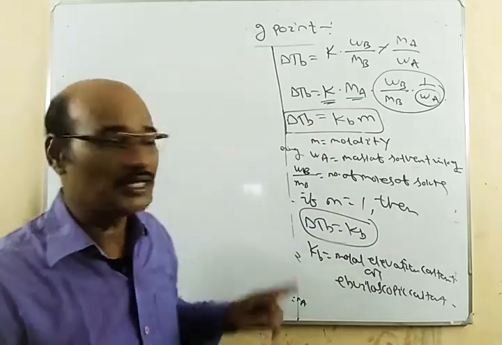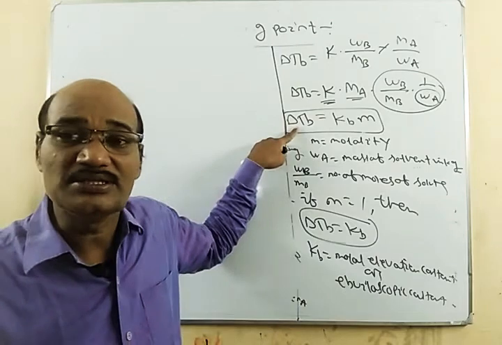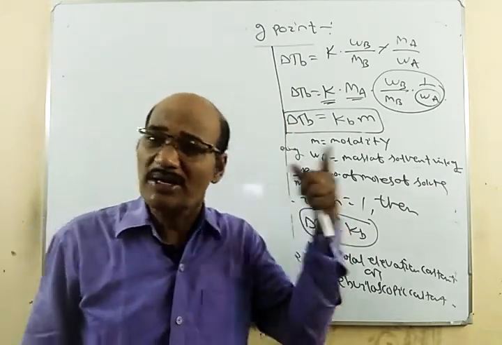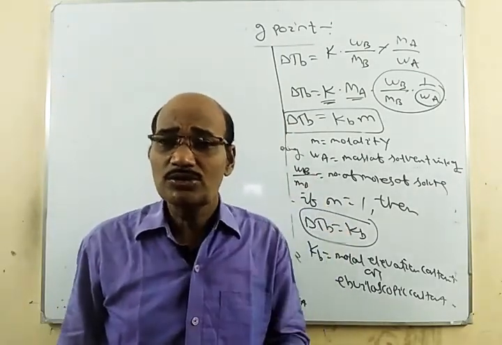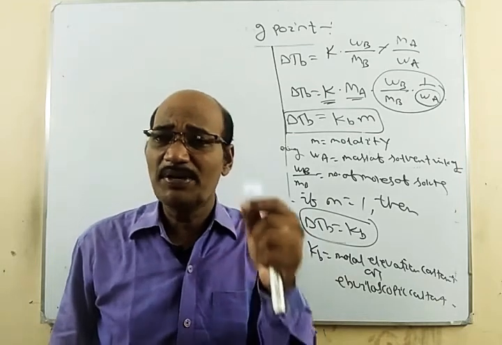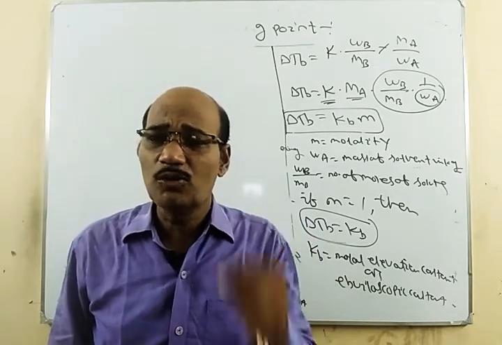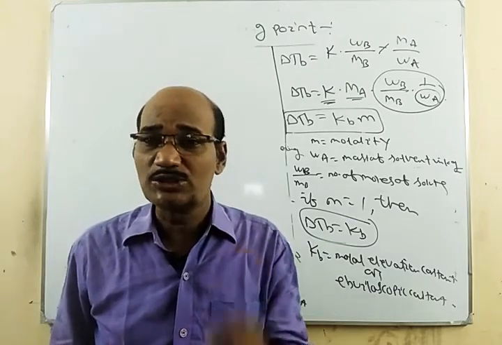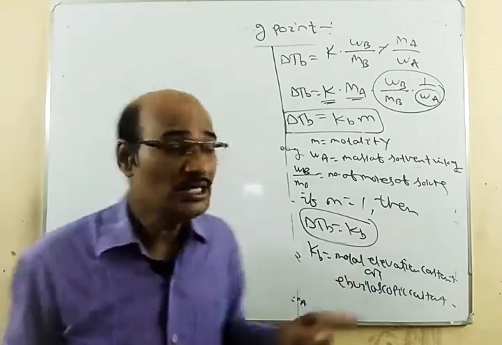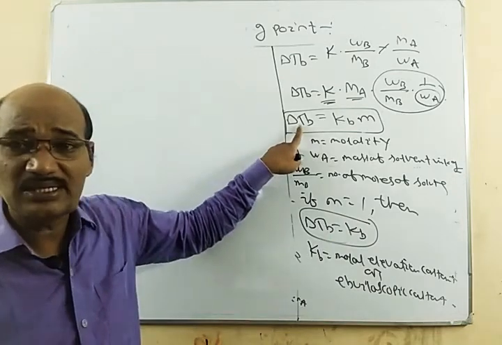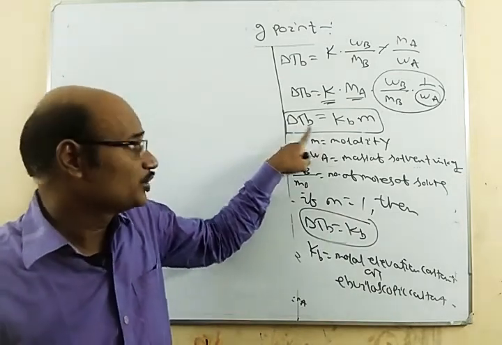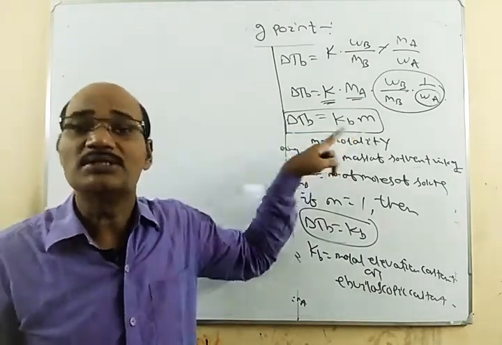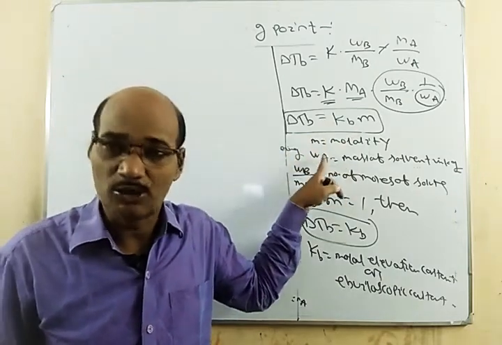That's why delta TB is a colligative property, because I have already told you that those properties which depend upon the number of moles of solute or the number of solute particles are known as colligative properties. Here the elevation in boiling point delta TB depends upon the number of moles of solute. That's why it's a colligative property.